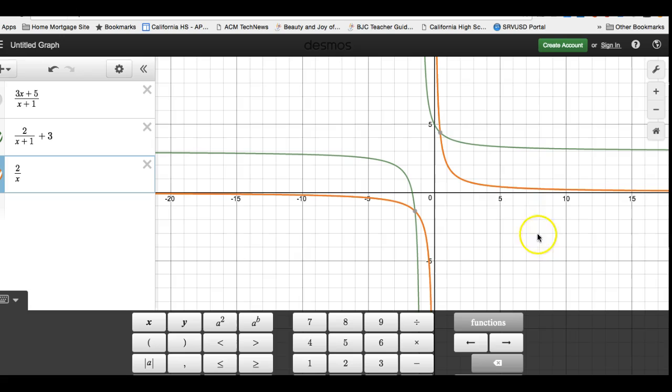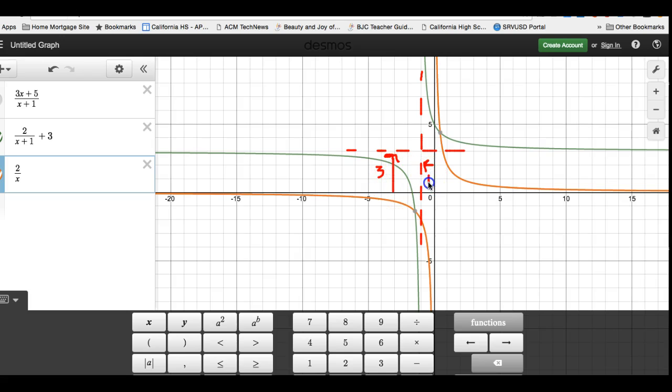If we look at transformations, we've taken our graph and shifted it 1 unit to the left. So now we have our asymptote at x equals -1. And we've also raised our horizontal asymptote up to y equals 3, which is a shift up 3 units.